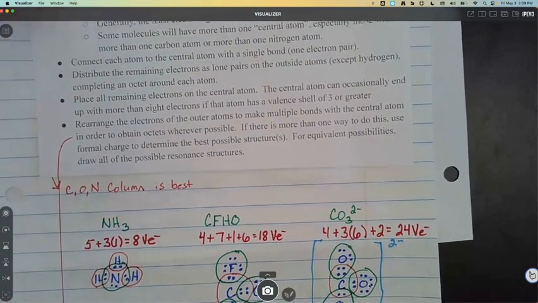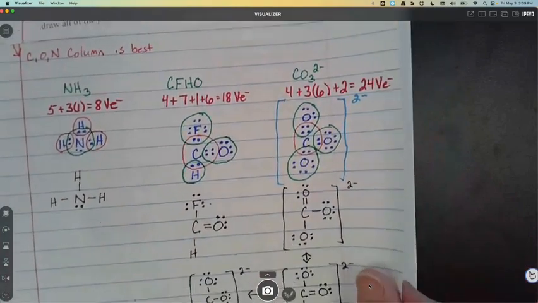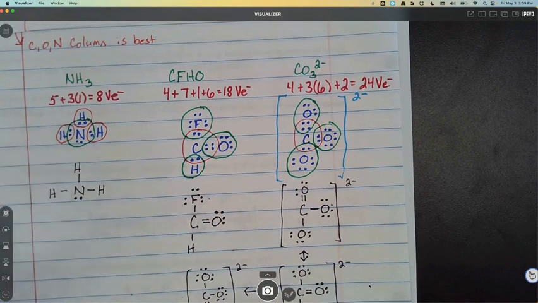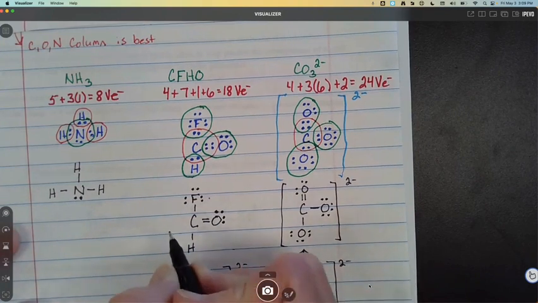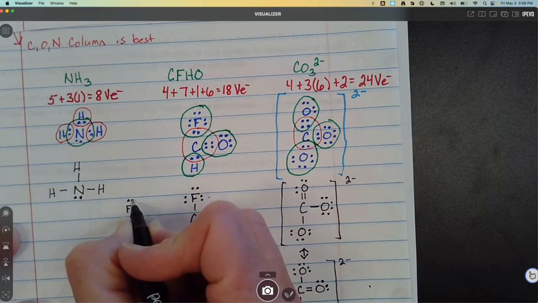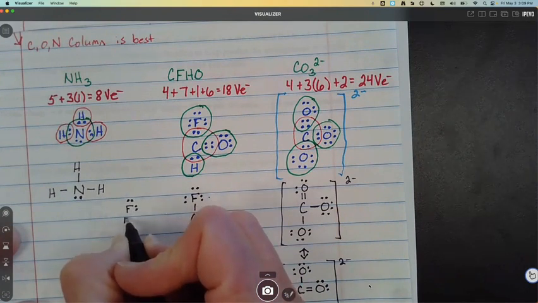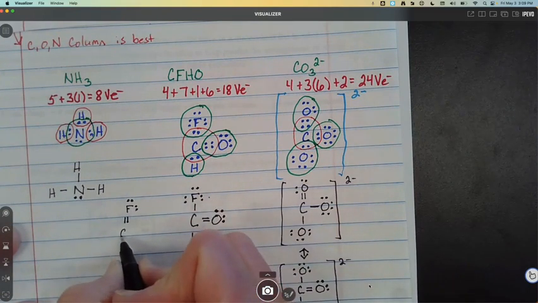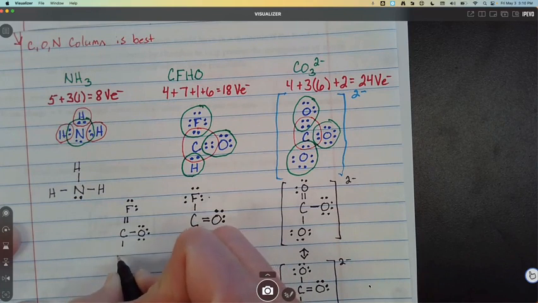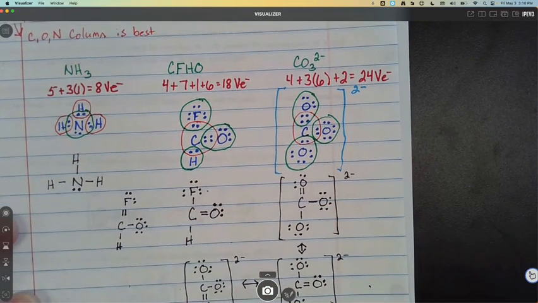I want to consider when we made this structure, we could have also, if I had not added any advice to this situation, made one that involved creating a double bond between the carbon and the fluorine, leaving the single bond to the oxygen.